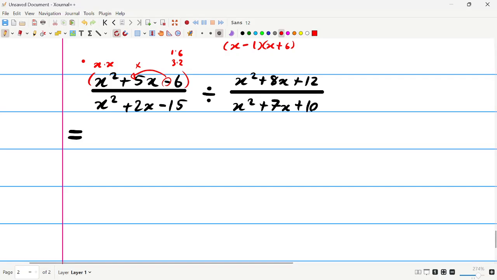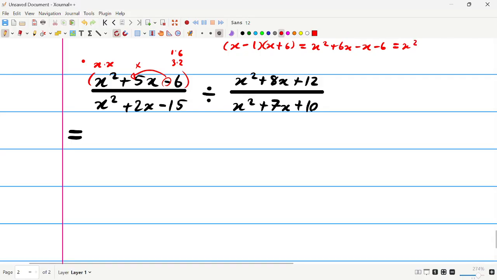That gives us a negative. And then from there, what we notice is that if we use FOIL method, which is x times x, which is x squared, and then it's going to be the outer, which is x times 6, which is going to be plus 6x, and then it's going to be the inner, which is negative 1 times x, which is minus x, and then negative 1 times 6, which is minus 6.